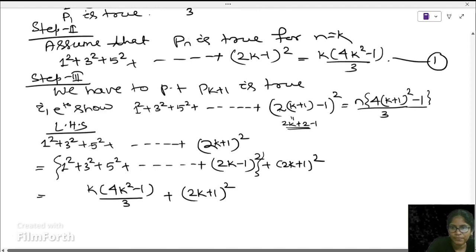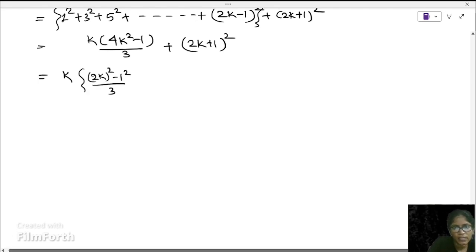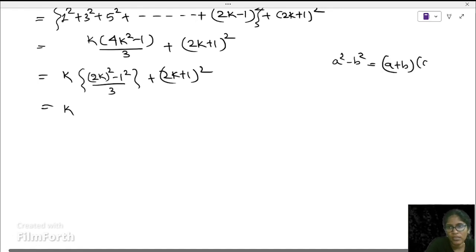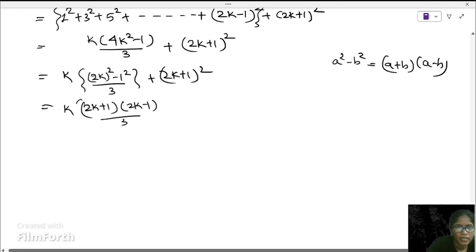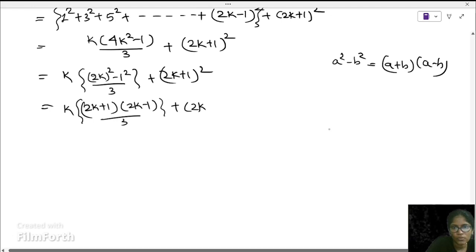Which equals k into, we can write 4k square as 2k square, 1 as 1 square, divided by 3 plus 2k plus 1 whole square. By the formula a square minus b square equals a plus b into a minus b, here 2k equals a and 1 equals b, so we can put 2k plus 1 into 2k minus 1 divided by 3, plus 2k plus 1 whole square.